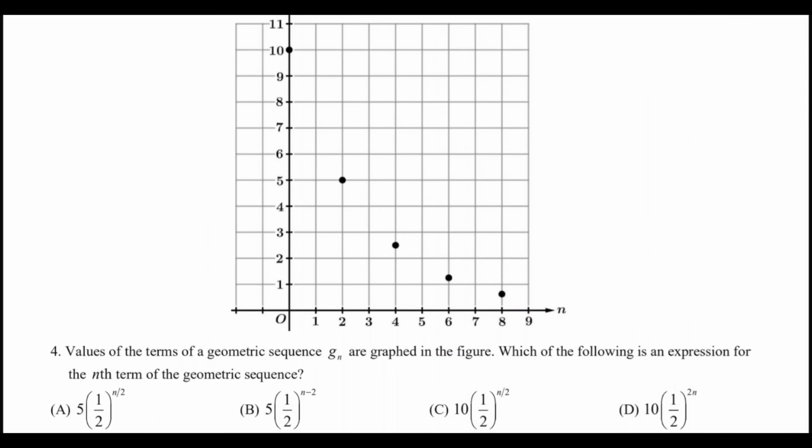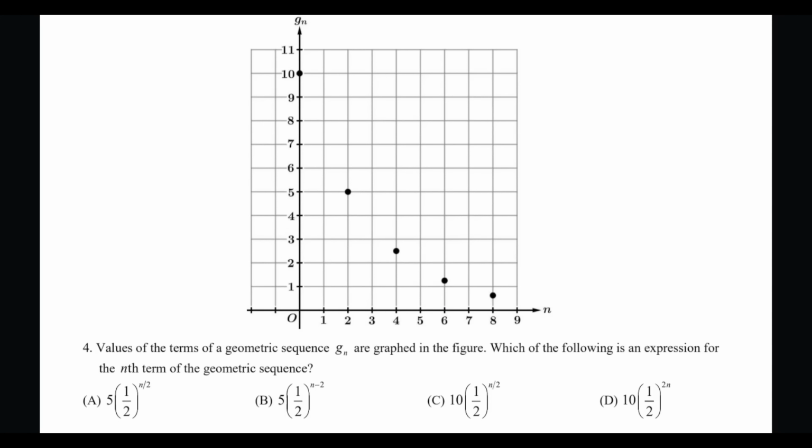Okay. Right, in this question, we again need to find the equation of the geometric progression. I think these two will make sense because they are giving me a hint that we are starting from G0. So let's write the general term Gn is equal to G0 times R to the n. G0 is 10 and R we need to find out.